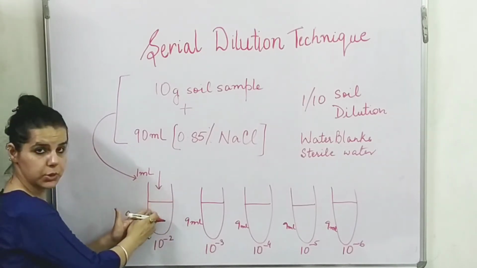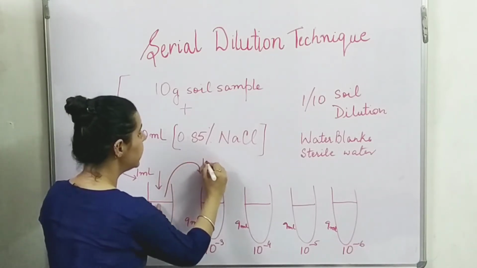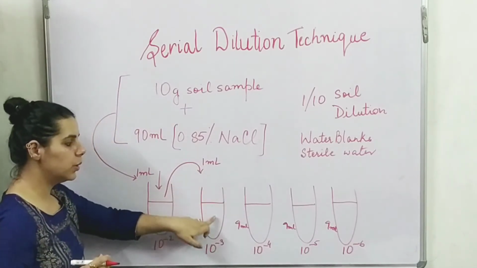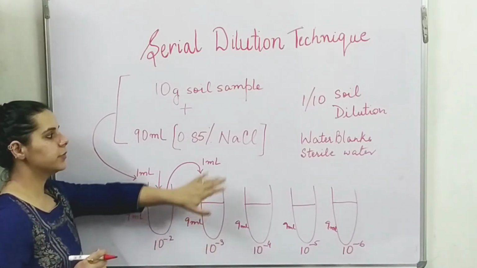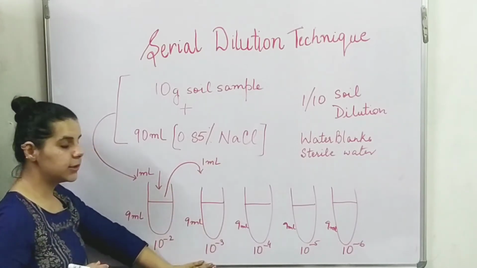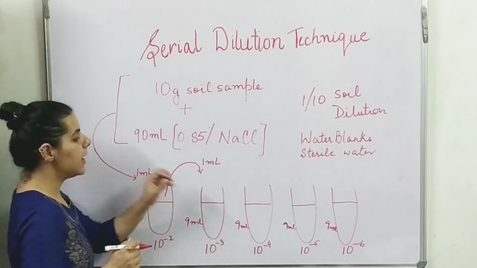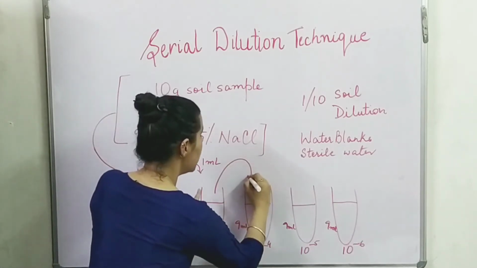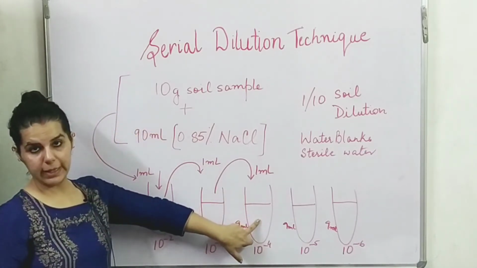Now from this test tube, I am going to take 1 ml with the help of a pipette. Aseptically, I am going to transfer this 1 ml into this test tube, which already has 9 ml of 0.85% saline solution. So now this dilution is 10 to the power minus 3. I am going to shake it well, and then aseptically, with a fresh pipette, pipette out 1 ml from this tube and add it to 9 ml of this blank.